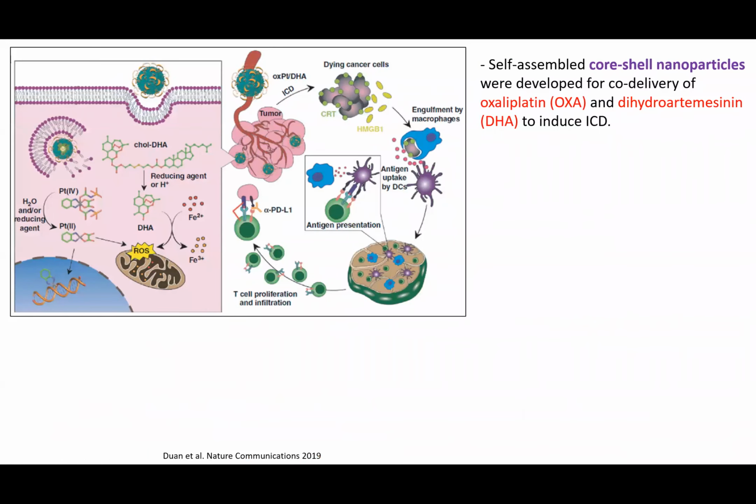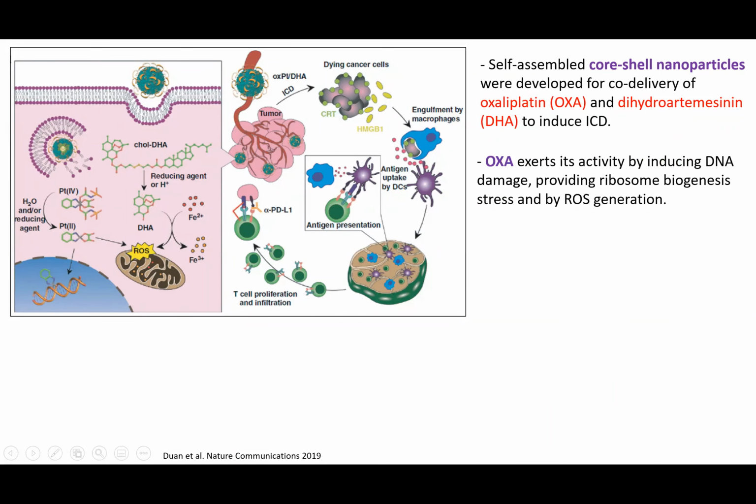In this example research study, they prepared core-shell nanoparticles for co-delivery of two drugs, the chemotherapeutic oxaliplatin and another drug called dihydroartemisinin, to induce immunogenic cell death. Here, oxaliplatin acts mainly by inducing DNA damage and secondarily by generation of reactive oxygen species.